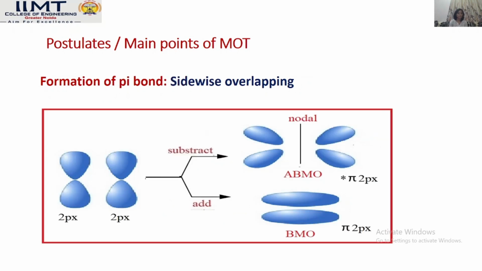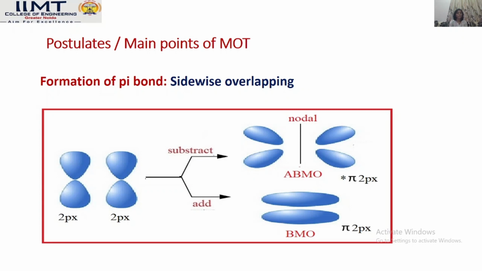Formation of pi bond. A pi bond is formed by the sidewise overlapping of px-px or py-py orbitals. A pi bond is formed in such a way that the orbitals remain parallel to each other and perpendicular to the axis.